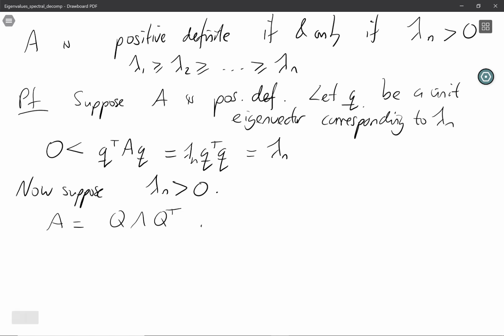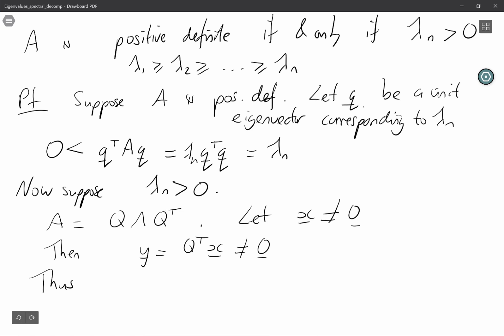So let's suppose that X is any vector that's not 0. Then if we let Y be Q transposed X, we know that Q is an invertible matrix, it's orthogonal, so it must have a kernel that contains 0 only, its multiplication must just be 0. So Q transposed X must also be non-zero.